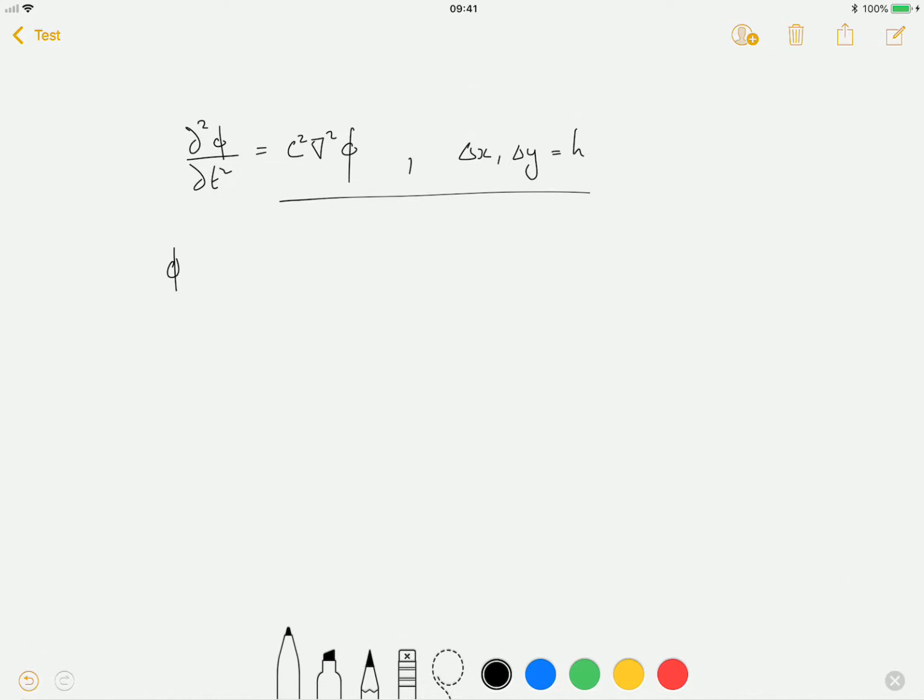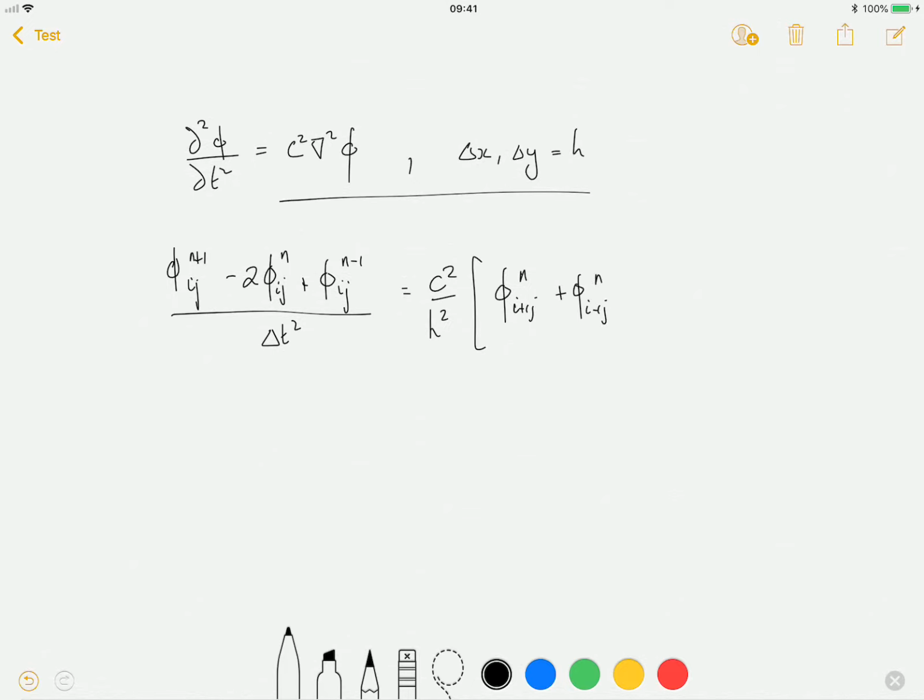So (φ_{i,j}^{n+1} − 2φ_{i,j}^n + φ_{i,j}^{n−1}) divided by delta t squared is really equal to c squared over h squared multiplied by (φ_{i+1,j}^n + φ_{i−1,j}^n + φ_{i,j+1}^n + φ_{i,j−1}^n − 4φ_{i,j}^n).